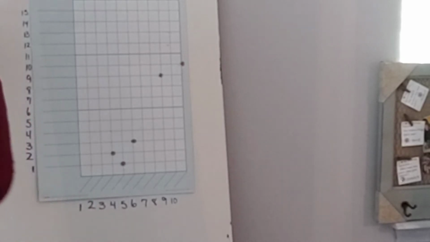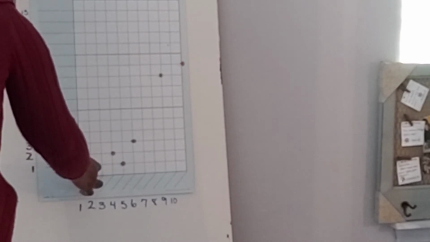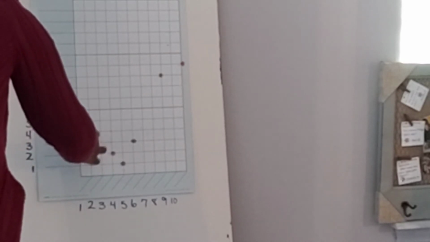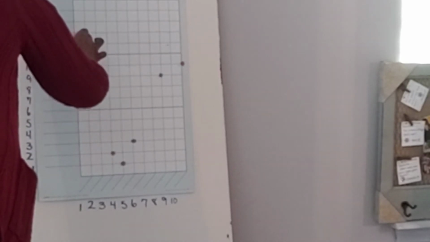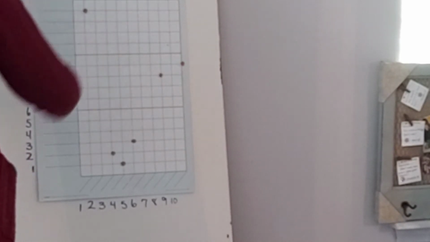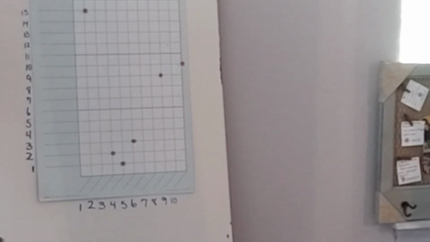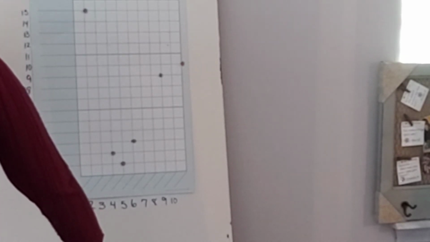So I go out of my door, go 1, and then I go all the way up 1, 2, 3, 4, 5, 6, 7, 8, 9, 10, 11, 12, 13, 14, 15. And that's where my next plot point goes. And then my last plot point is 7, 7.